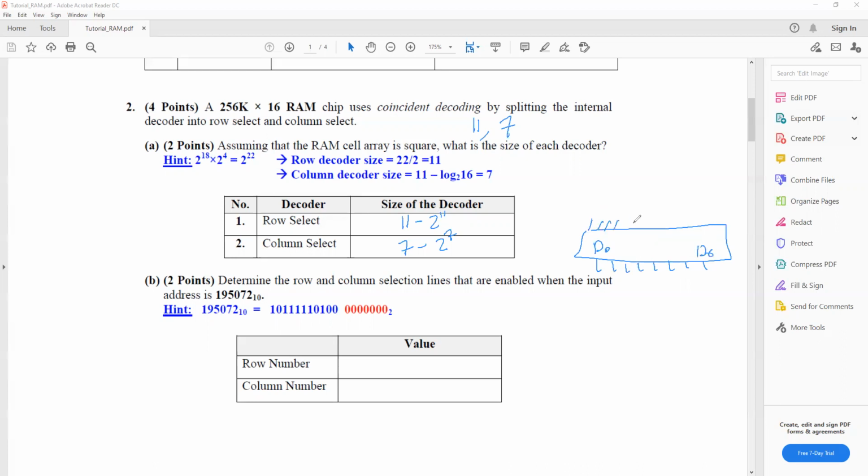Of course here you have 128 outputs. So each line, suppose this one is active, will connect to 16 blocks of memory at a time. So each one will output 1 bit, and then the total is going to be 16 bits.